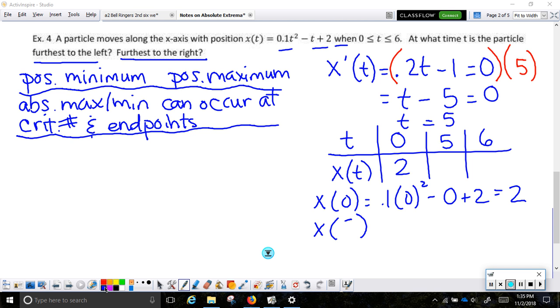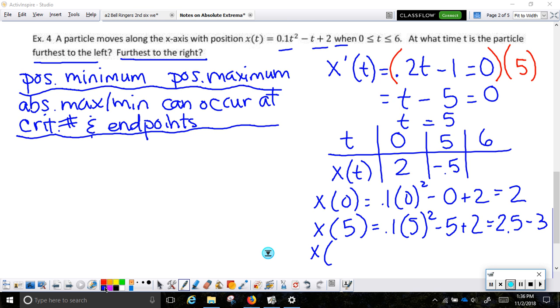Okay, plugging in 5: 0.1 times 5 squared minus 5 plus 2. So 5 squared is 25. 25 times 0.1 is 2.5. Minus 5 plus 2 combines to negative 3. So adding these together, 2.5 minus 3 is negative 0.5.